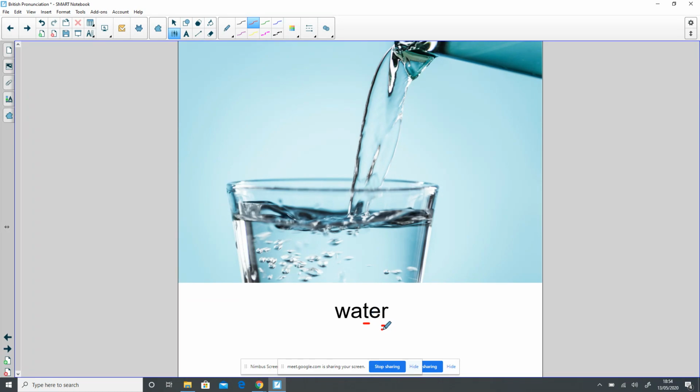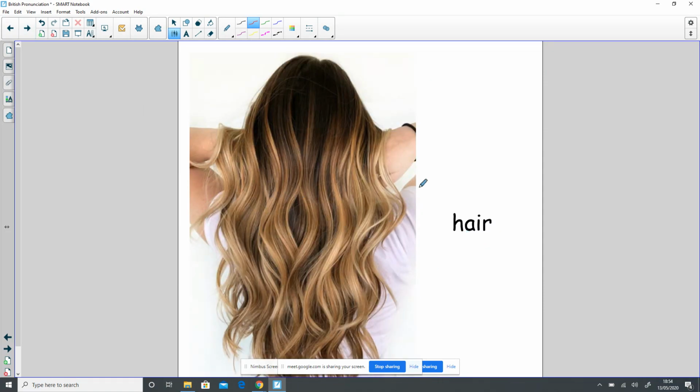Now, going back to this R, it only becomes silent at the end of a word, after a vowel. So A, E, I, O, U. If you get an R after a vowel, it becomes silent. So if we look at this, what is this? This is, oh look, here's a vowel.